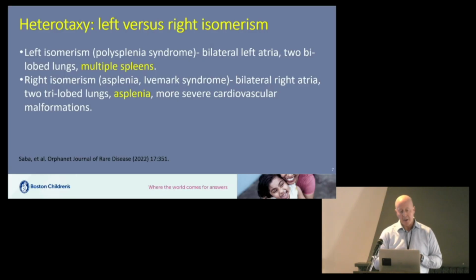Right isomerism is associated with asplenia, bilateral right atria, 2 trilobed lungs, and typically more severe cardiovascular malformations. Although in our discussions in our monthly heterotaxy meetings, there can be a lot of variability in the presentation of heterotaxy.